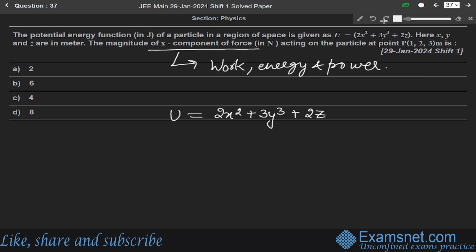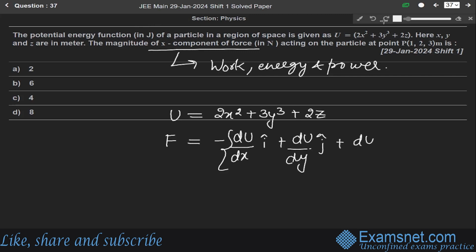Solving this question, we are given potential U is equal to 2x square plus 3y cube plus 2z. Now we know that force is equal to minus of del U over del x i cap plus del U over del y j cap plus del U over del z k cap. But in the question, we are asked to find the x component. So F will be equal to minus del U over del x.